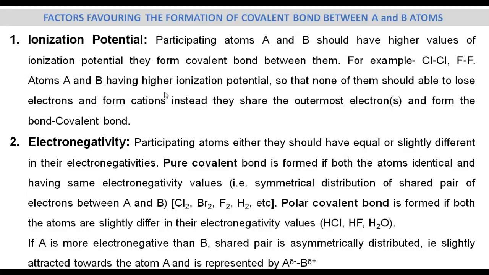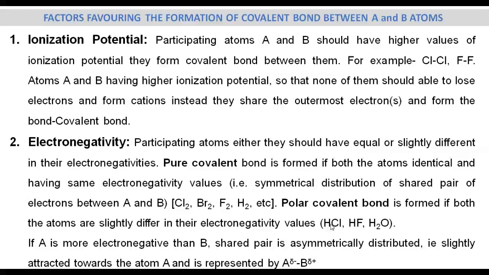If there is an electronegativity difference between the two atoms, then the bond formed between the participating atoms is known as a polar covalent bond. Why? Because the atom with the higher electronegativity value attracts the shared pair of electrons towards itself, so it bears a partial negative charge, and the other atom bears a partial positive charge.